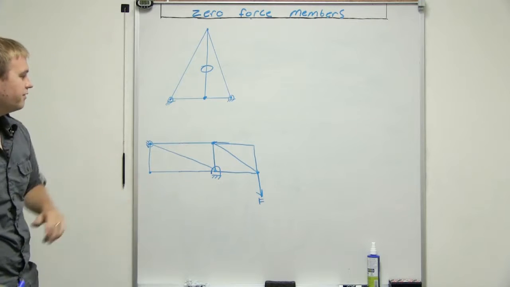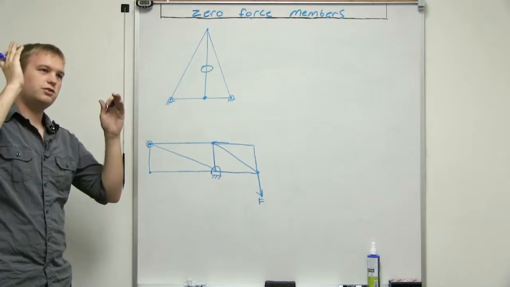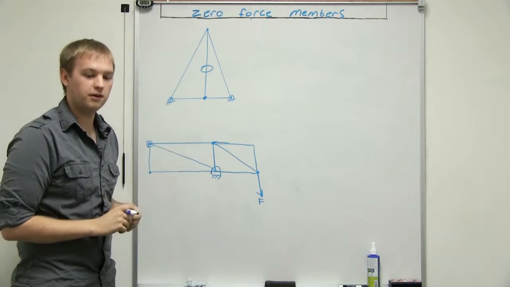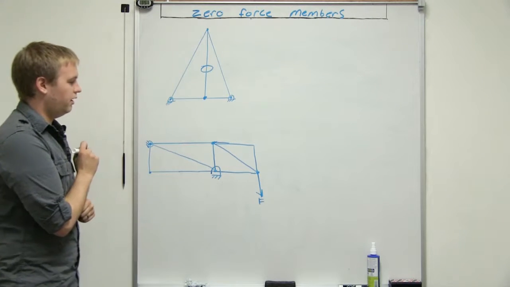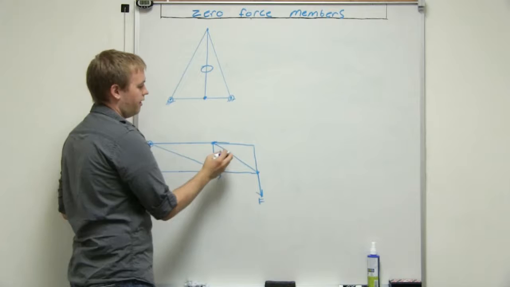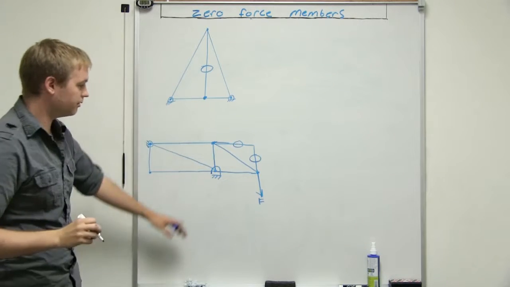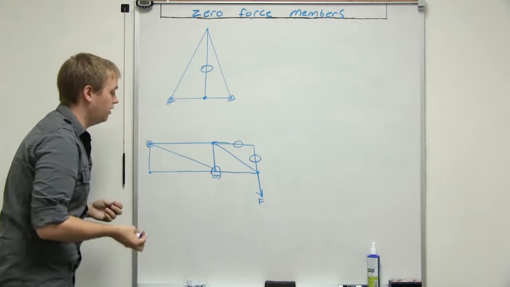Okay, let's look at this case down here. Whenever you see two members that are just kind of off in space that come to a point, those are zero force members. So let's look in this case right here. These two right here are zero force members because if you notice they're just off in space, they don't have anything attached to them.